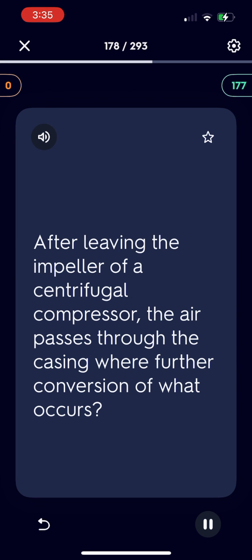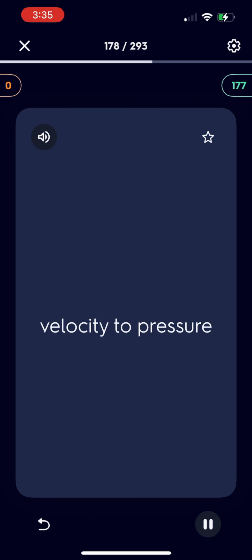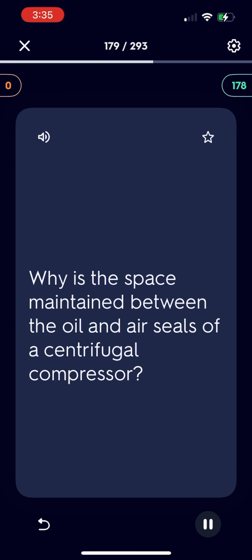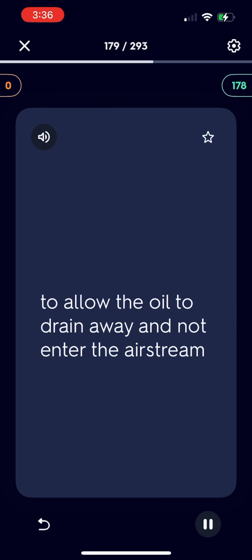After leaving the impeller of a centrifugal compressor, the air passes through the casing where further conversion of what occurs? Velocity to pressure. Why is the space maintained between the oil and air seals of a centrifugal compressor? To allow the oil to drain away and not enter the airstream.